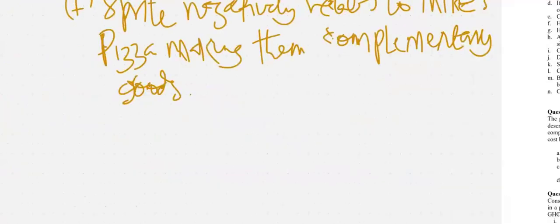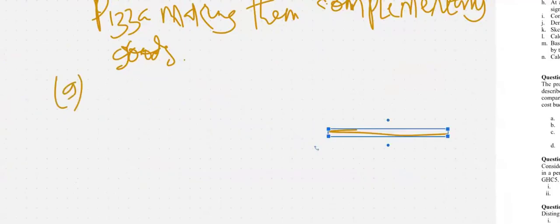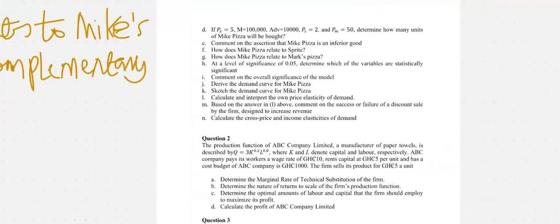So we're on F, we're on G. We'll finish soon. Then I'll start with question 2. G says, how does Mike's Pizza relate to Max Pizza?